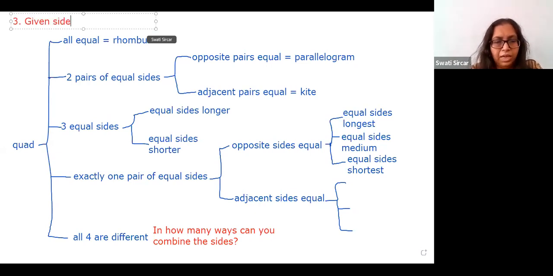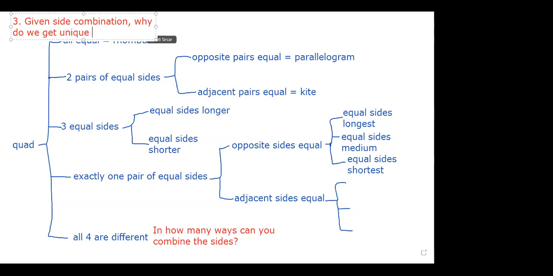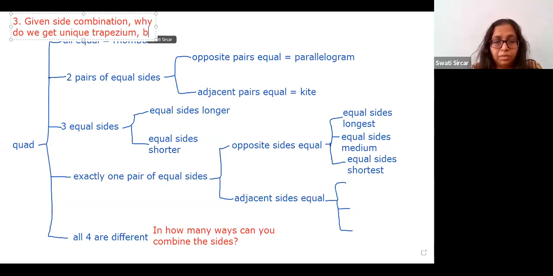Given side combinations, why do we get a unique trapezium but infinitely many parallelograms?